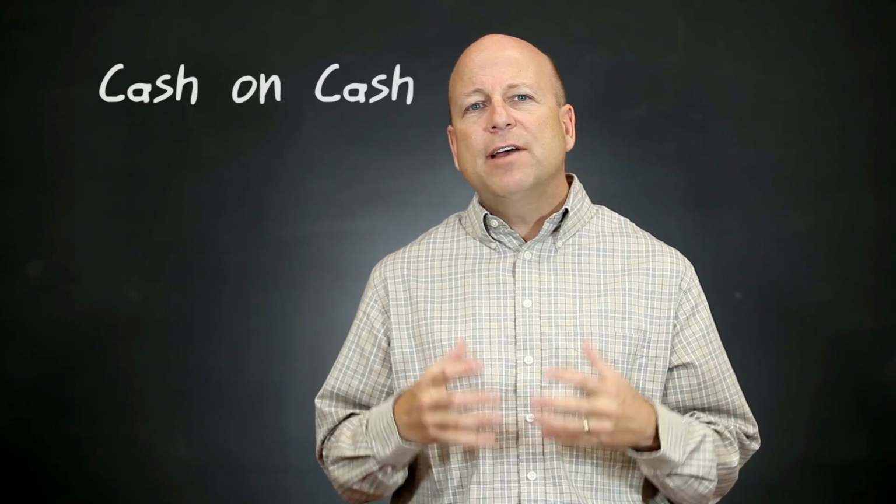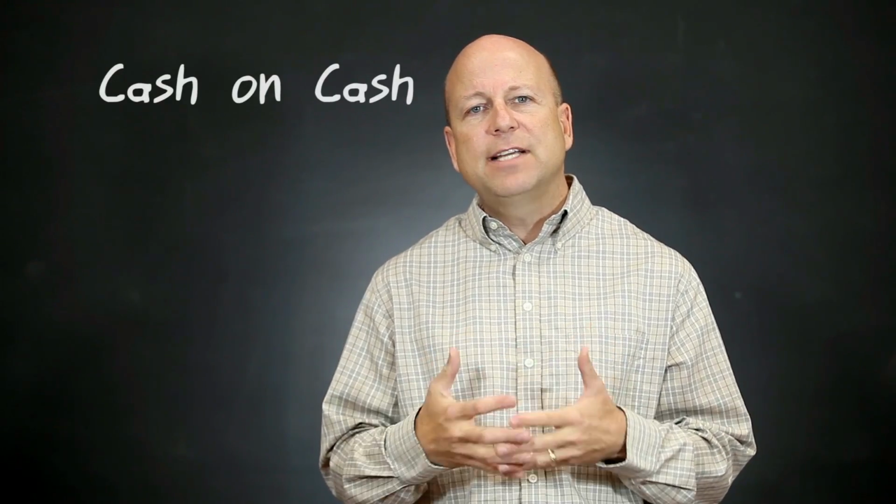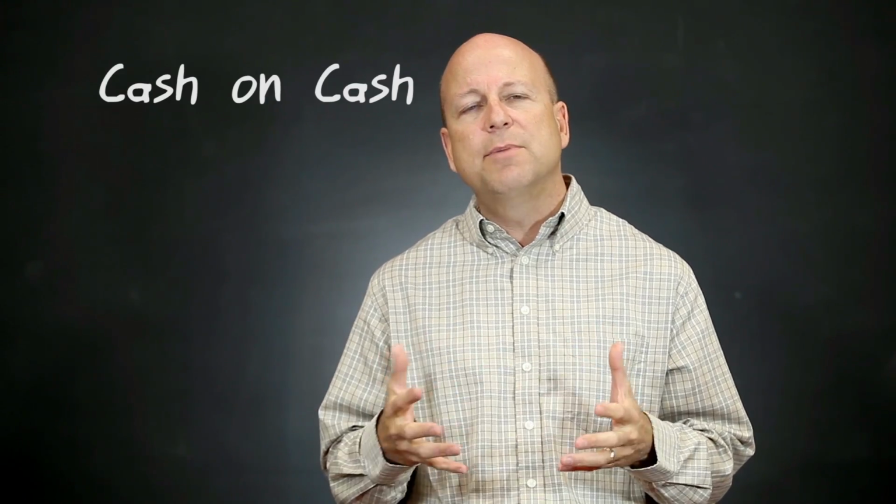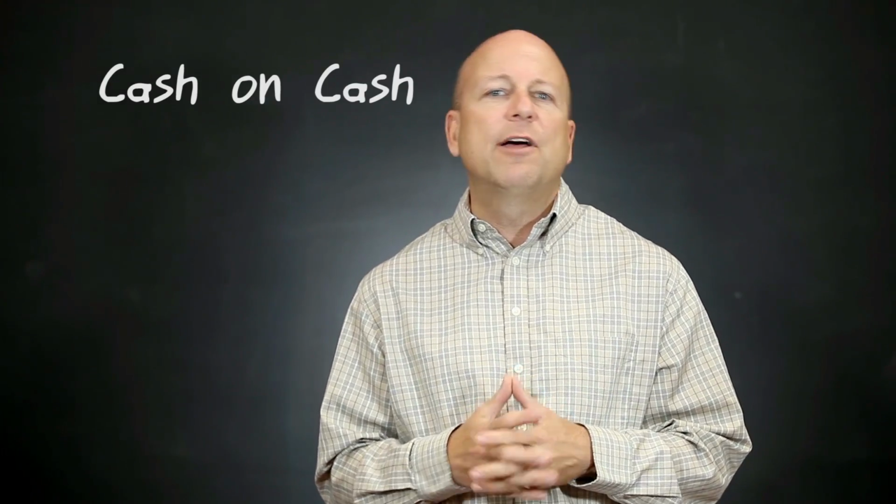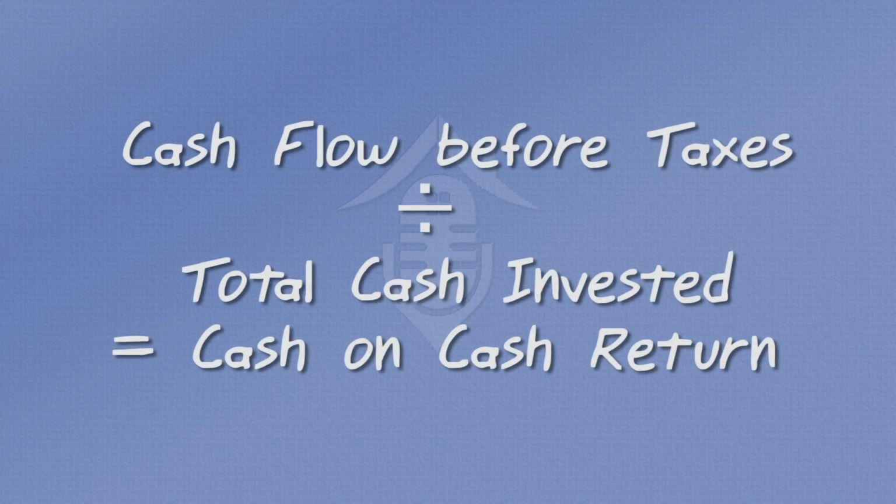The next one I want to use, and I will use this a lot for my cash investors, if they've got the wherewithal to buy a house, fix a house, close on a house with nothing but cash, what we'll do is we'll figure out their cash flow before taxes, and we'll divide that by the total cash invested, and we'll come up with a cash on cash return.